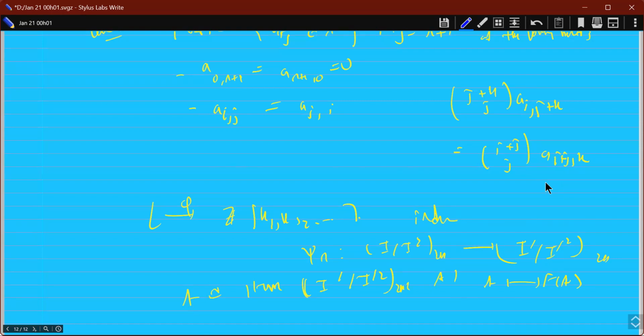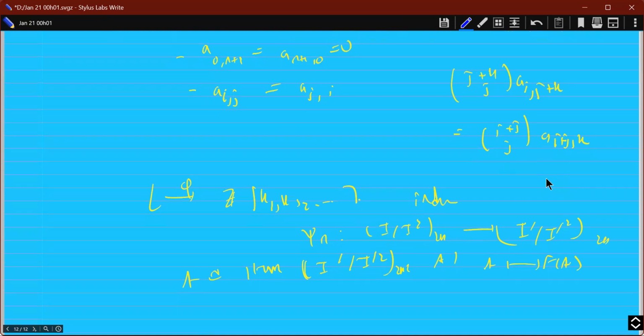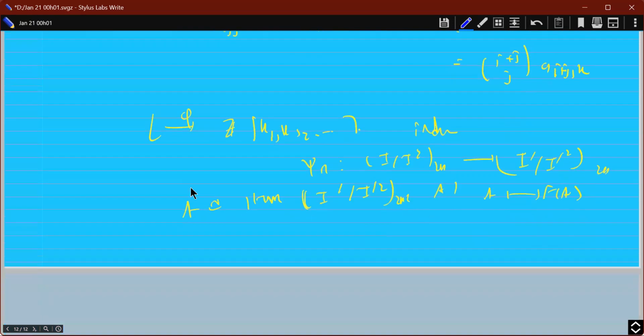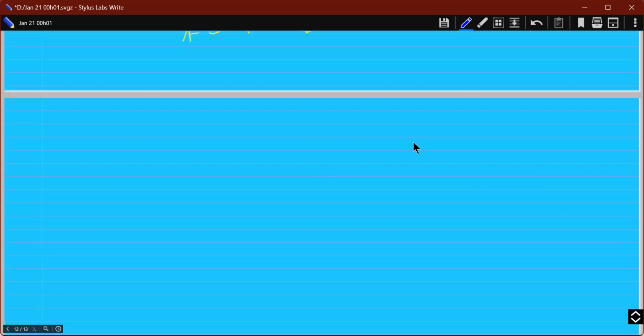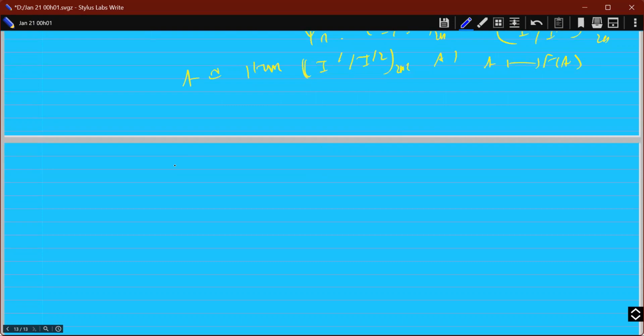An element A in A, okay, maybe pause for a second. A is coming from, so we have a graded ring homomorphism.